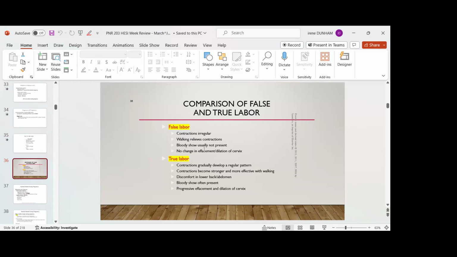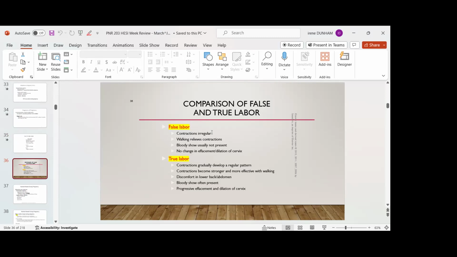This is where it comes into play, because they think they're in labor, they come in, and meanwhile the contractions could be, when I say irregular, maybe one is 5 minutes, the next one could be 7, the next one could be 10. It's not rhythmic, okay? When I send her out walking, the contractions dwindle. Walking actually makes those contractions go down, so it relieves the contractions.